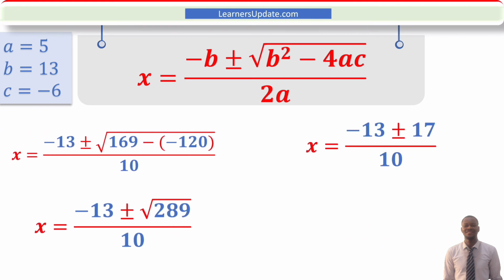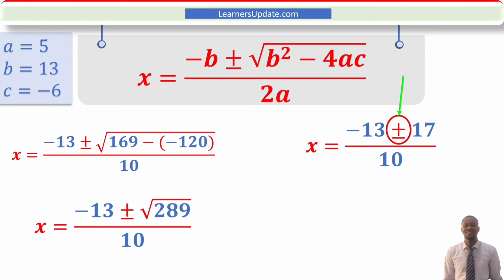After simplifying the square root of 289, our x is now equal to minus 13 plus or minus 17 all over 10. Notice that I have plus or minus in between negative 13 and 17.